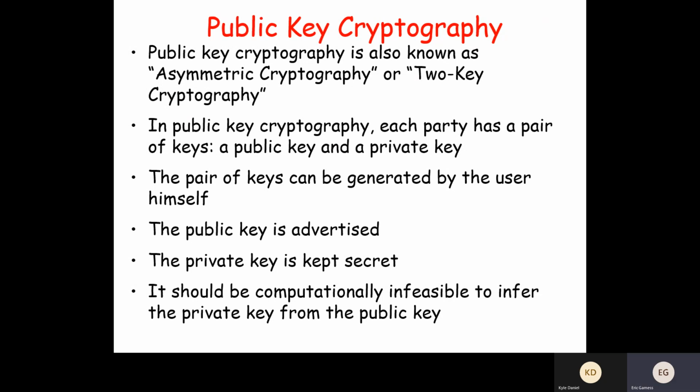It should be very difficult to infer the private key from the public key. It should be almost impossible, which means that if I have a lot of computing power, I should still have a hard time inferring the private key from the public key.